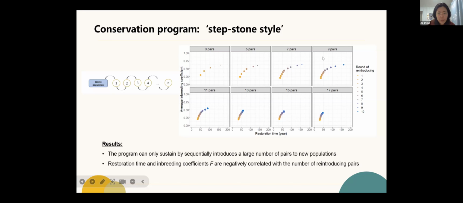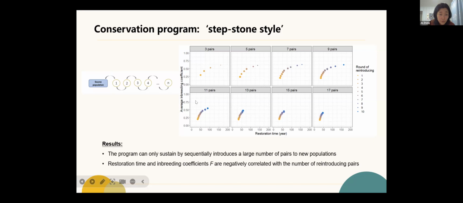But if you increase the number of pairs that you reintroduce to each population, for example at 9 pairs, if you introduce 9 pairs constantly, you can already see the full reintroduction program works.